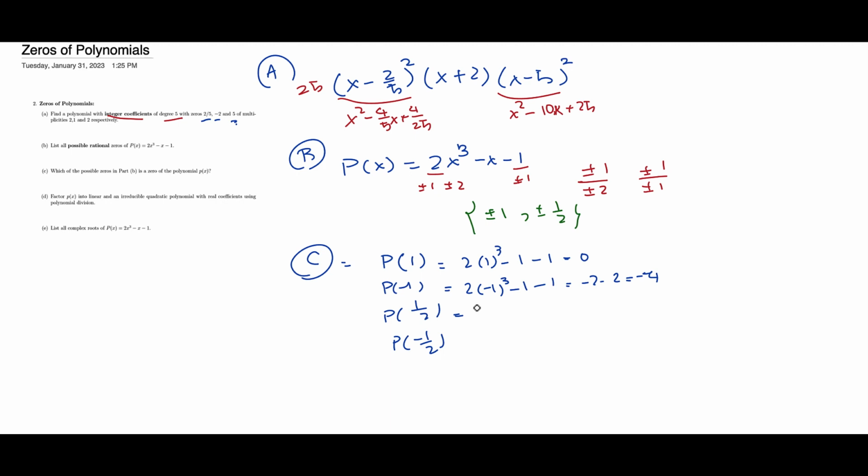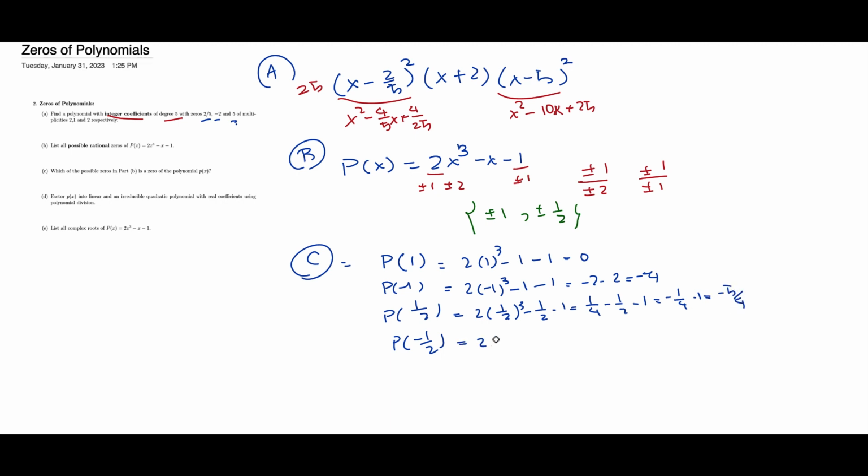If I plug in 1/2, I get 2 times 1/2 to the power 3 minus 1/2 minus 1, which is 2 times 1/8, which is 1/4, minus 1/2 minus 1, which is basically minus 1/4 minus 1, minus 5/4.